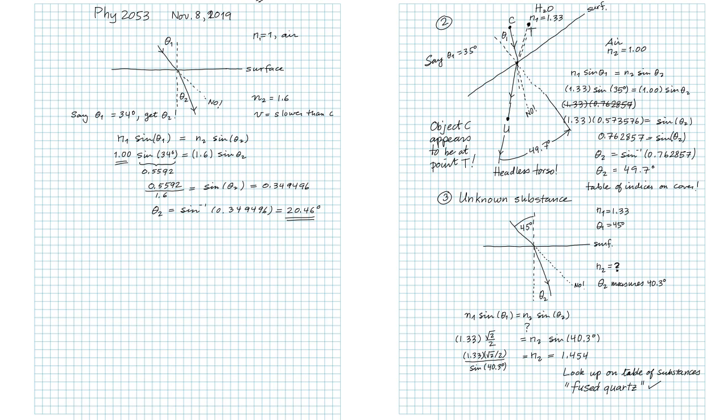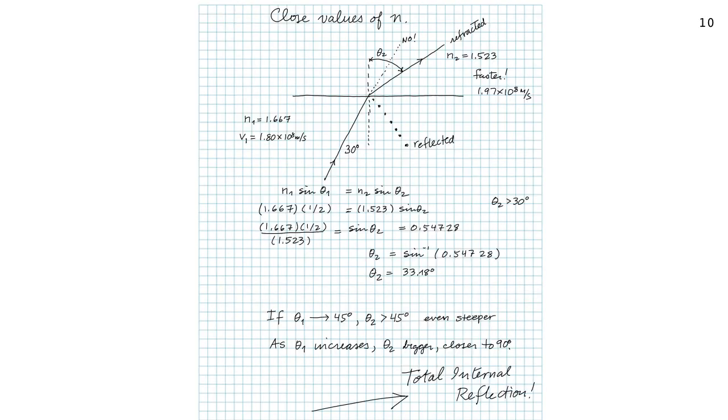Go to the next page. Okay. Now I'm going to do a special calculation, with two material media, so this is going to be close values of n.